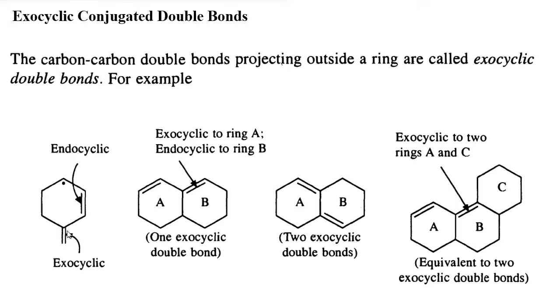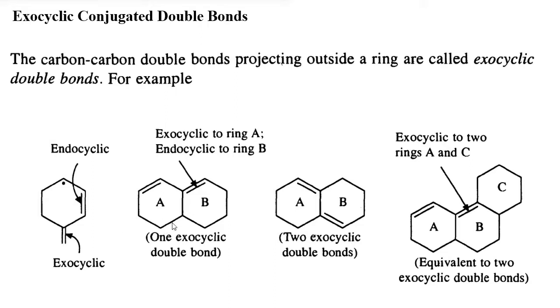This double bond is projecting outside this ring, and so it is exocyclic with respect to this ring. But this bond, though a double bond, is inside and not projecting outside, and hence it is called endocyclic.